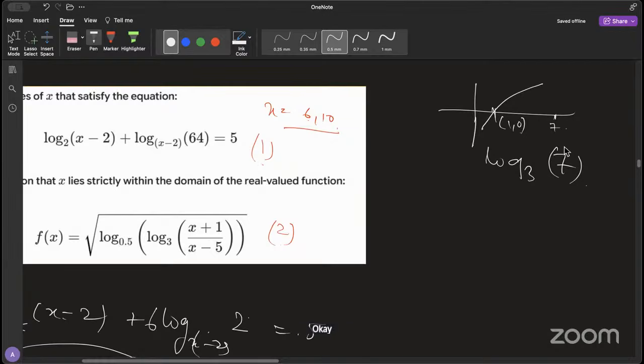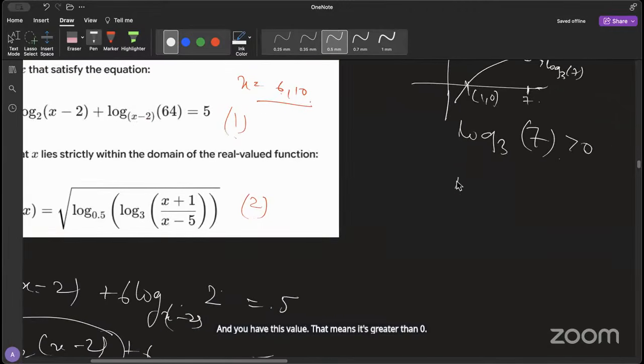For this, we'll need to make sure that this value is greater than 0. How do we know this? Because at 7, the value is log base 3 of 7, and it's clearly greater than 0. Y equals 0 is here, and you have this value, that means it's greater than 0.